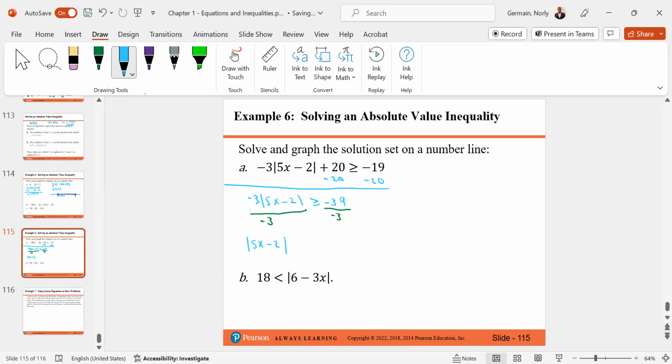We do change the symbol, because we divided by a negative, so it's less than or equal to 39 divided by 3, which is a beautiful positive 13.